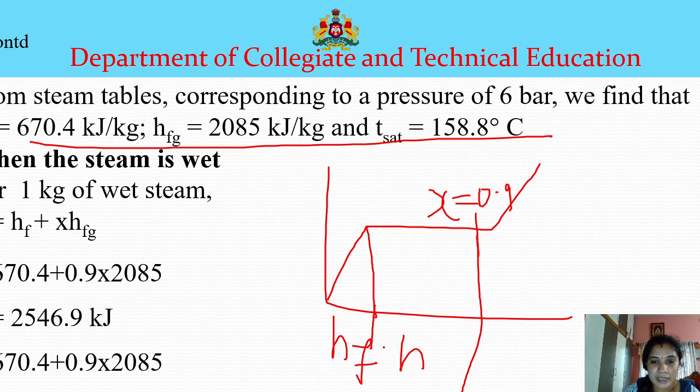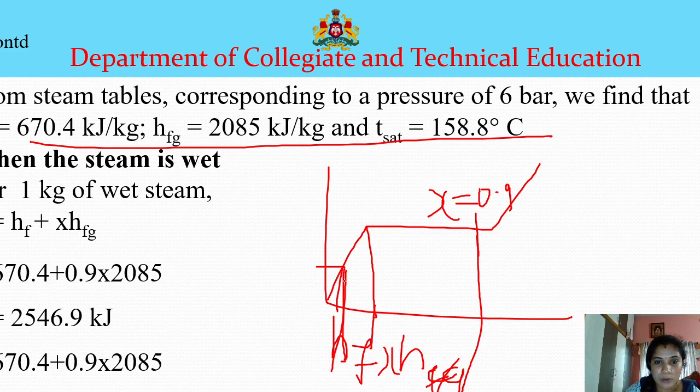And this particular indicates X into HFG. Right. So, but we are heating the water from here. Understood? So, I need to remove this.